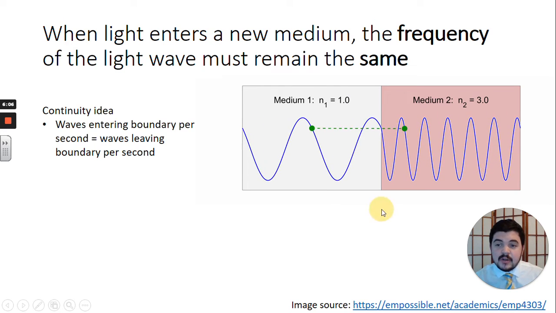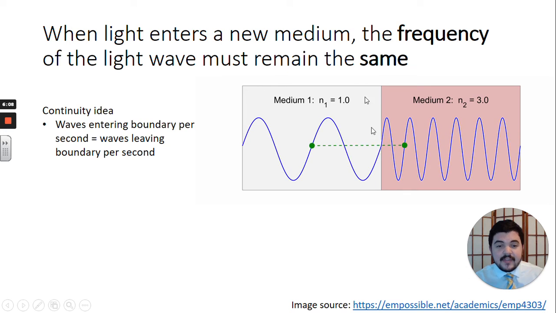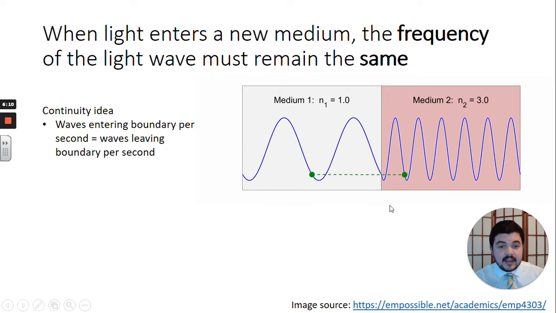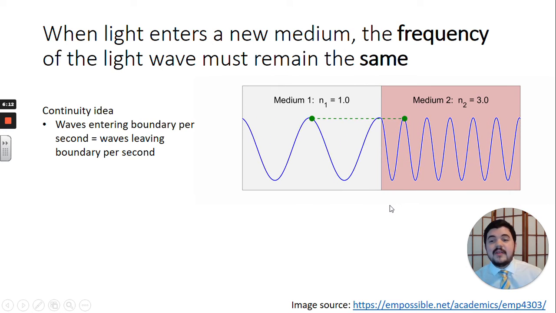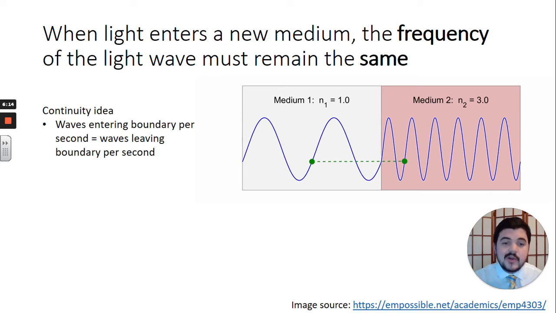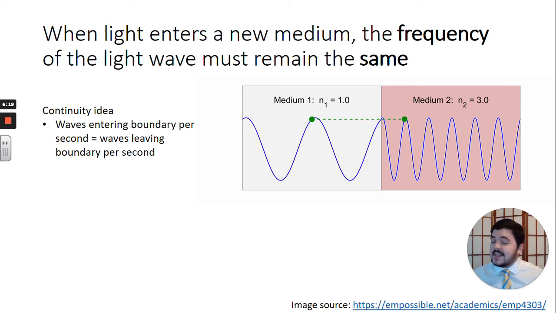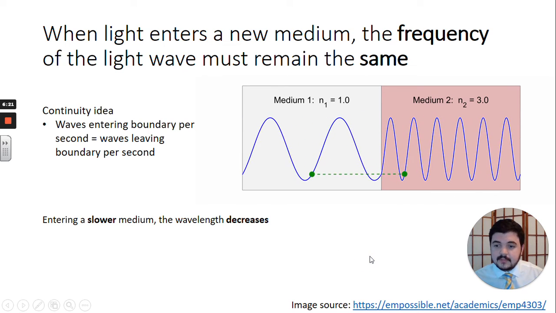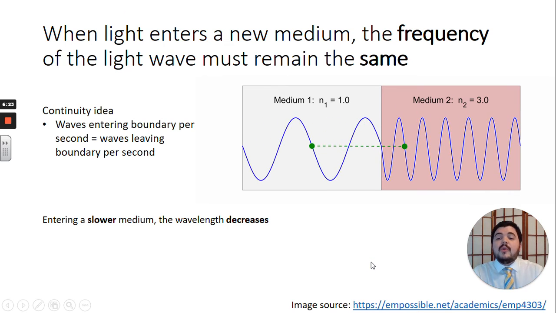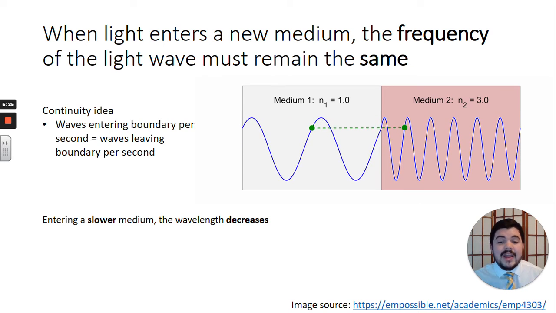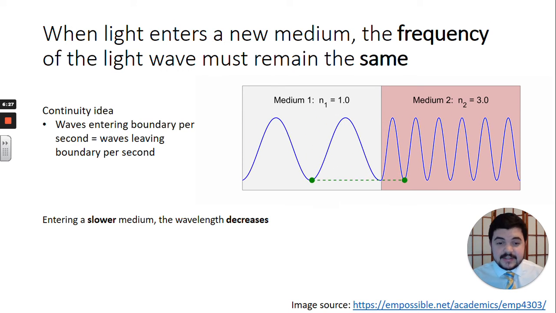And we have this continuity idea that the waves entering at this boundary per second must be the same number as the waves that are leaving each second, right? The amount of wave isn't changing each second. Waves per second, that's frequency. And so when we're entering a slower medium, the wavelength must decrease.